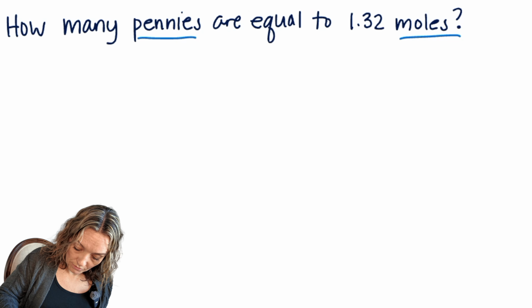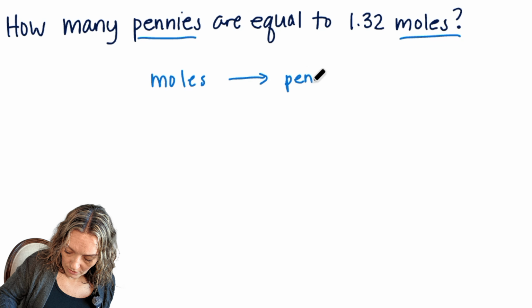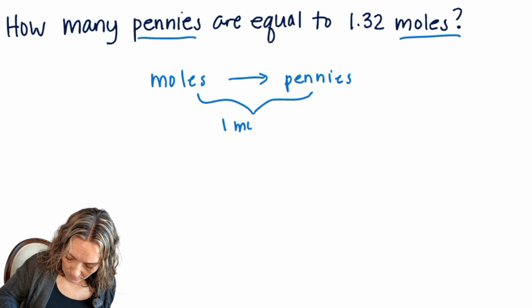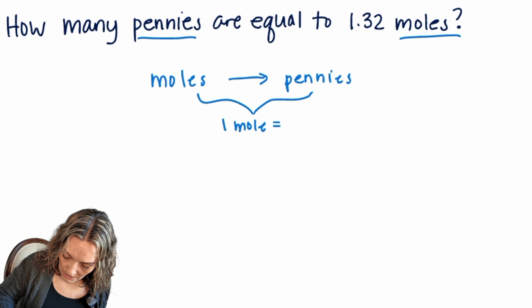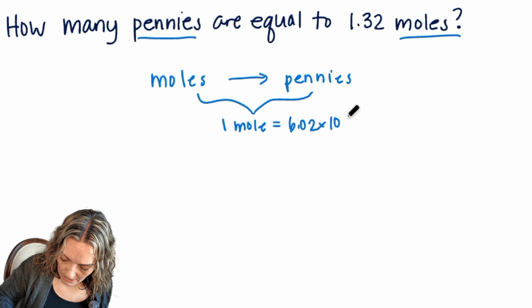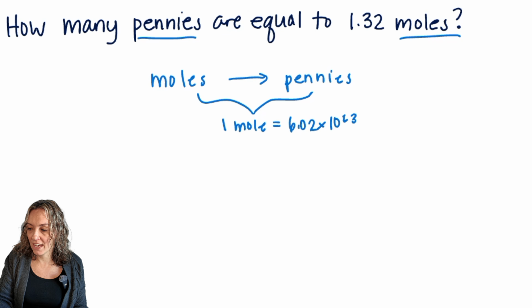And I am going to find the connection between them. In order to convert moles into pennies, I know that 1 mole of any object, I don't care what it is, 1 mole is always equal to 6.02 times 10 to the 23rd of that object.